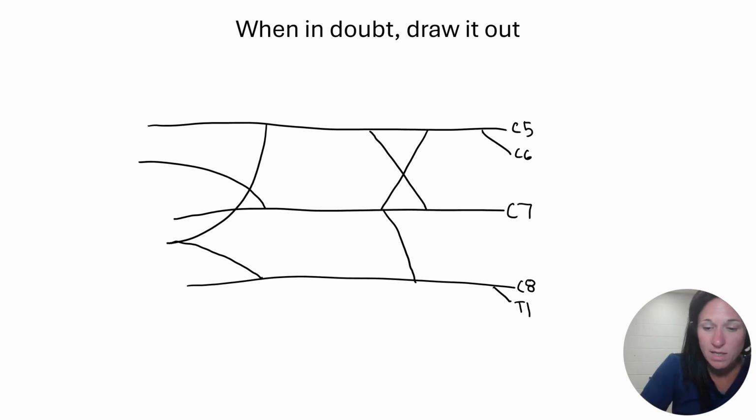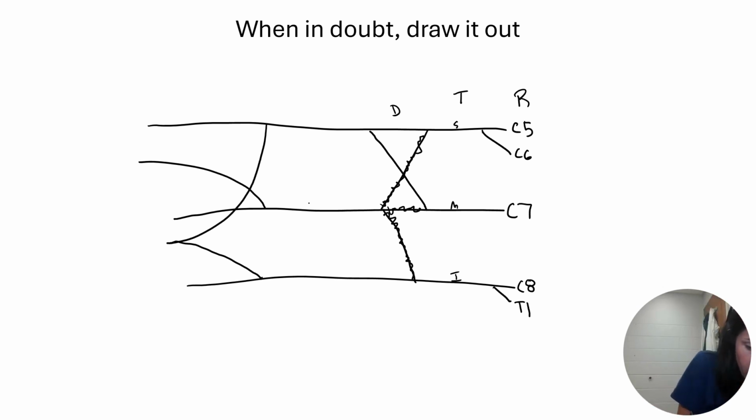So now we can see our roots, our trunks, our divisions. So again, if we go like this to denote posterior divisions, we can see all the posterior divisions coming to form the posterior cord. So we have our cords and then our branches.